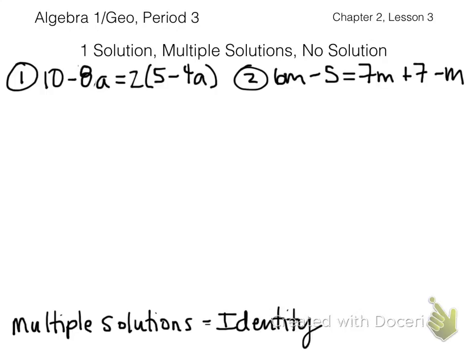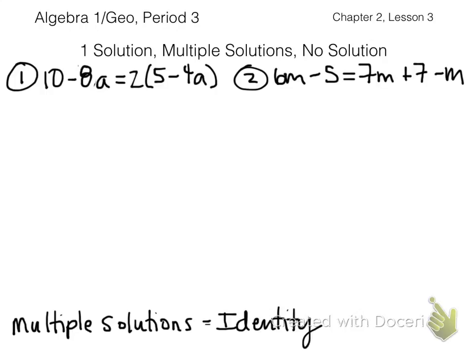The two examples that I had on the very first slide were examples of one solution problems. There is only one value for the variable that makes the equation true. But these two examples don't fit that same scenario. They're either going to have multiple solutions or no solutions.